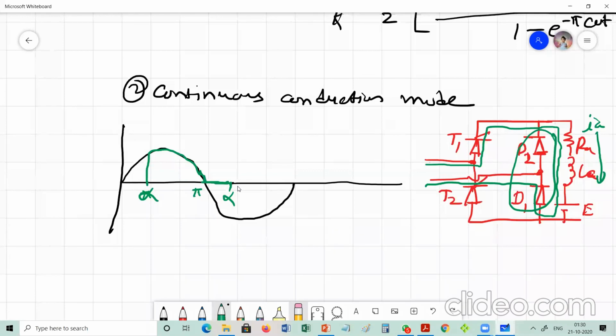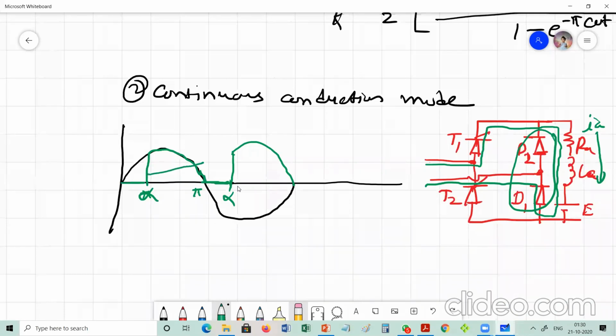Again, when the firing is given to the next thyristor, that is T2, which is already powered, then again we will get the voltage waveform like this. The current we can draw like this. When the source is connected to the load, the current will rise.